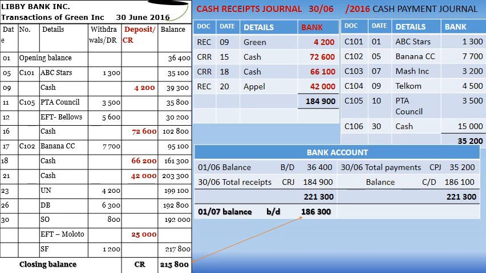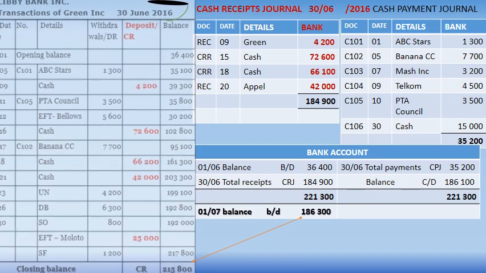Let us work through this example. At the end of June, the trader received a bank statement from his banker, shown on this presentation on the left-hand side.